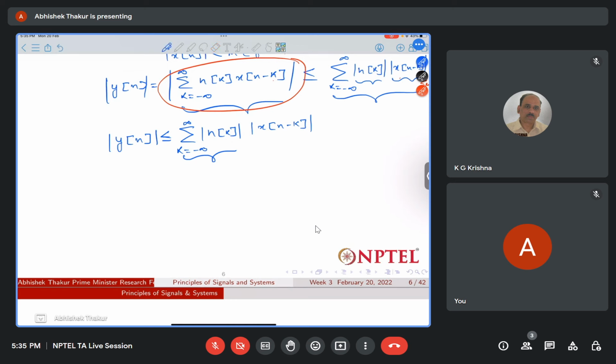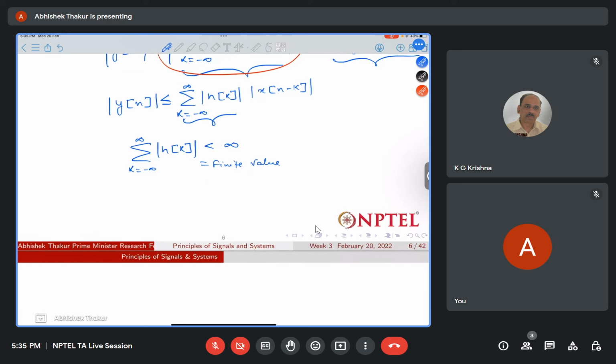So for proving that y[n] is stable, we just have to prove that the summation of |h[k]|, with k from minus infinity to infinity, is less than infinity, meaning this is equal to some finite value. This will result in a bounded output when the input is bounded, so the system will be stable.